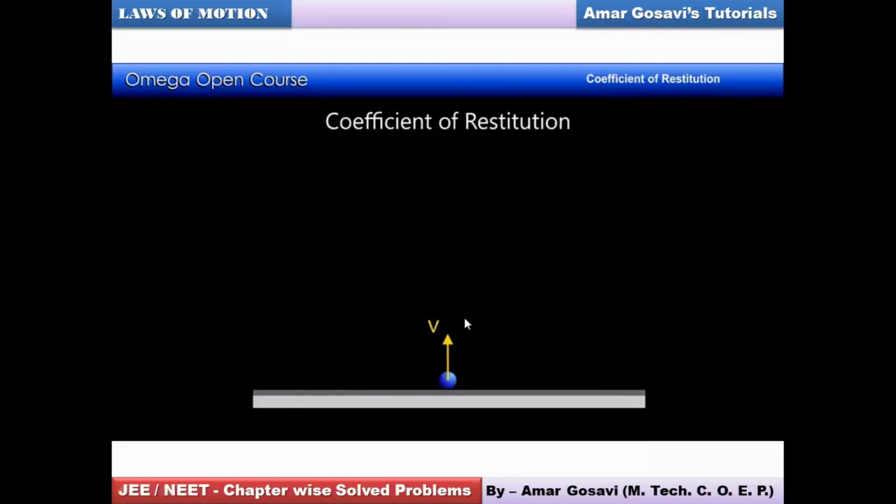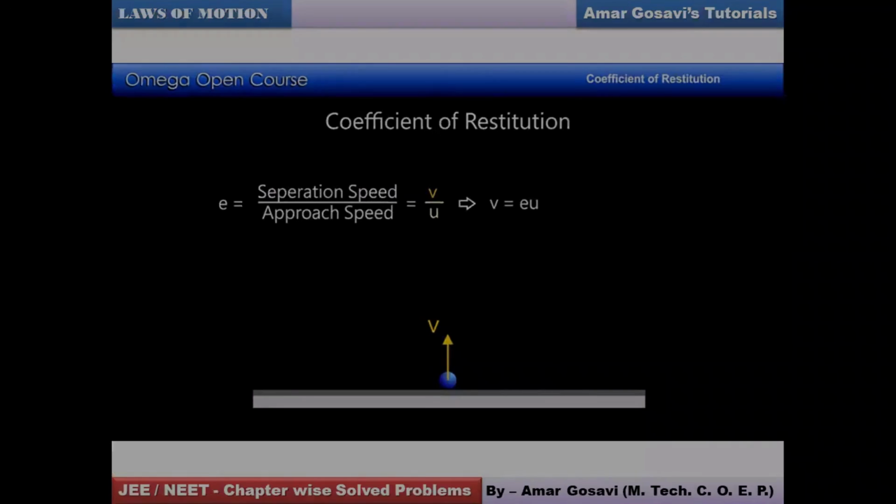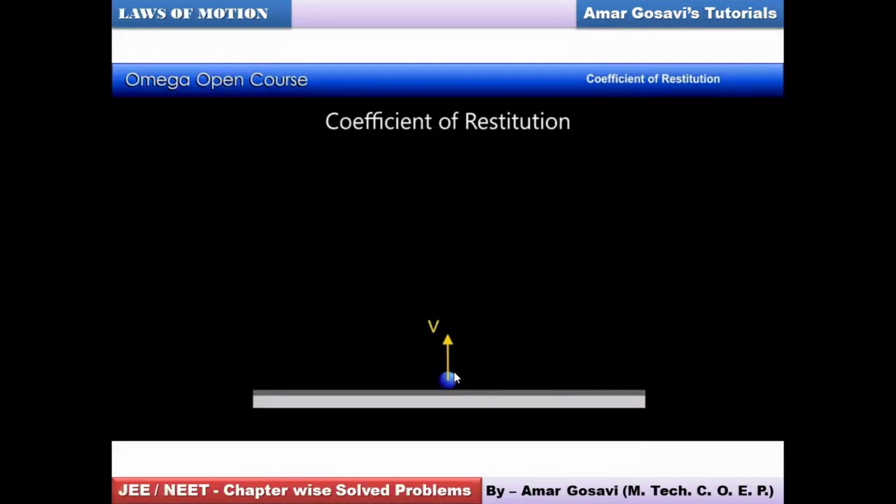So in the given circumstances, coefficient of restitution would be given as separation speed upon approach speed. Again, I go back to the previous slide. Why have I taken separation speed as v? Because the floor is at rest. So v minus 0 is v. Therefore, the relative speed of separation is v.